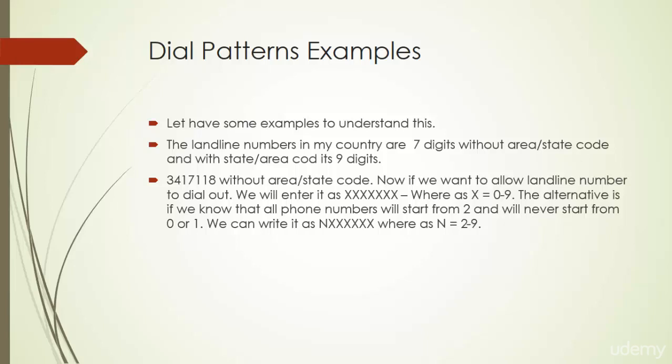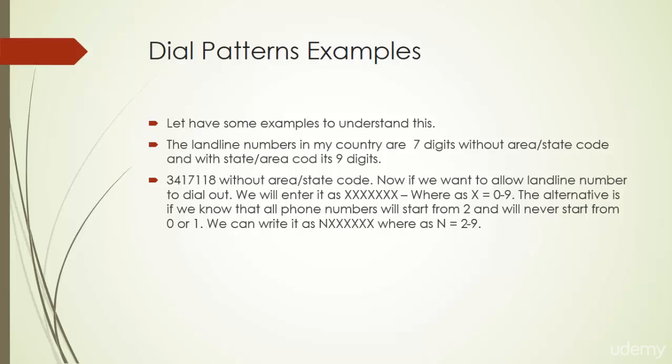Okay. The alternative is if we know that all phone numbers will start from 2. Let's say we know the numbers will never start from 0 or 1, it will always start from 2 or above. Then we can put it as N followed by XXXXXX.